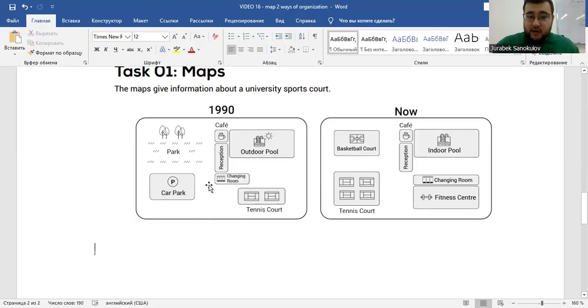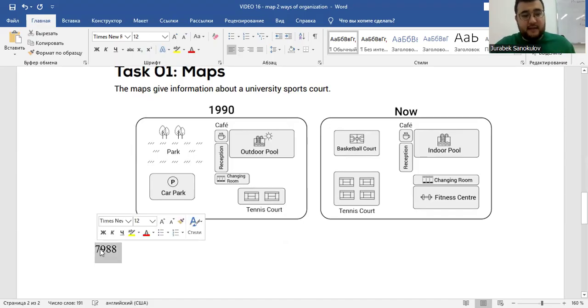I got my score breakdown, and my score was this for a map. In the last exam when I scored 8.5 with 9 overall, it was a map. And my score for a map was this: 7 for task achievement, 9 for coherence and cohesion, and double A for lexical resource and grammatical range and accuracy.